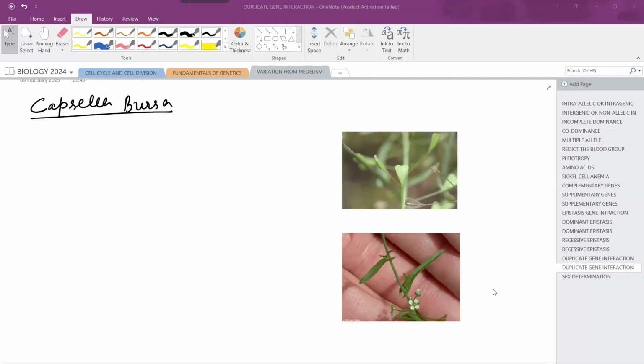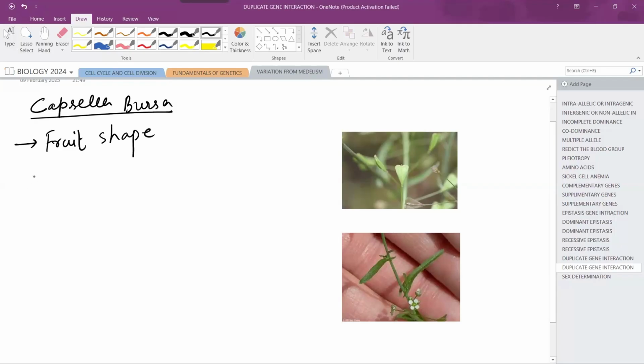Its other name is Shepherd's purse plant. We'll study the fruit shape.